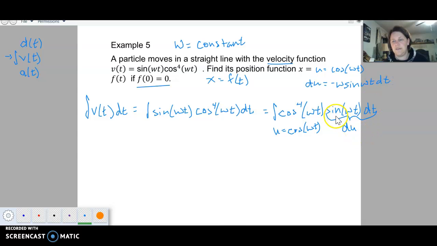Well, we only have sine of wt dt. We don't have a negative w, so we're going to have to divide both sides by that negative w. So when we plug that du back in, we're going to need that to be negative 1 over w du equals all of this.